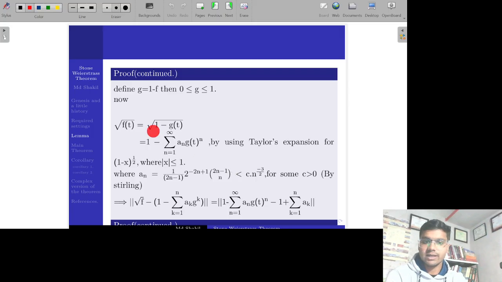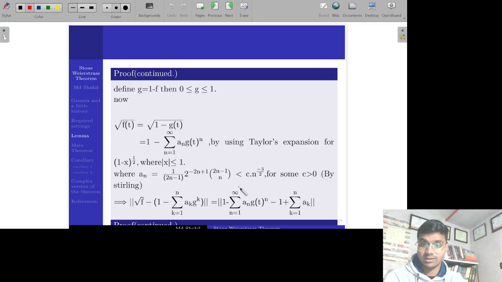So we expand this 1 minus g to the power half by Taylor's expansion, and we get that it is equal to 1 minus summation of a_n g to the power n, where n varies from 1 to infinity. And by Stirling's formula, we know that the value of a_n is given by 1 by 2n minus 1 times 2 to the power minus 2n plus 1 times the binomial coefficient C(2n minus 1, n).